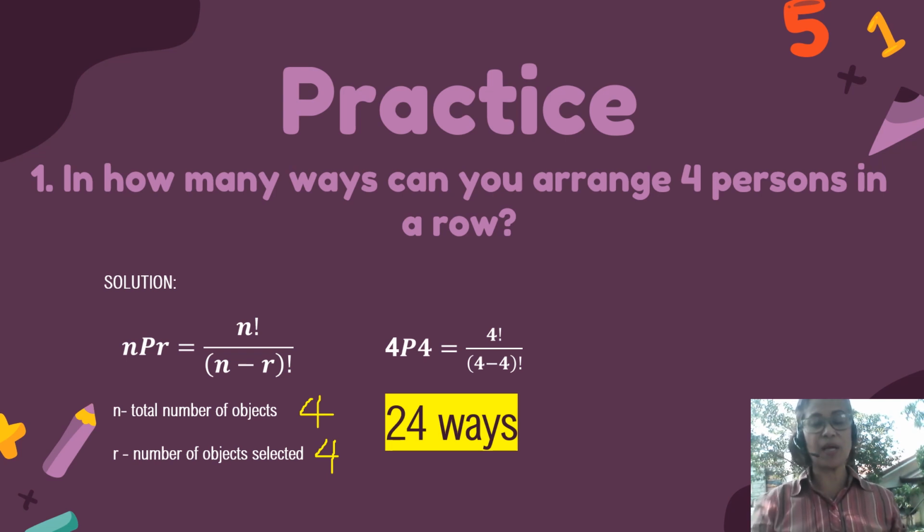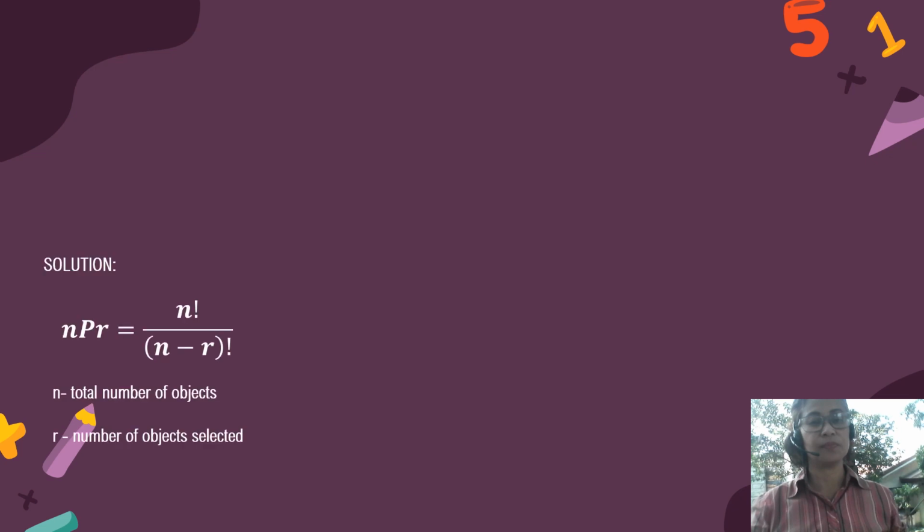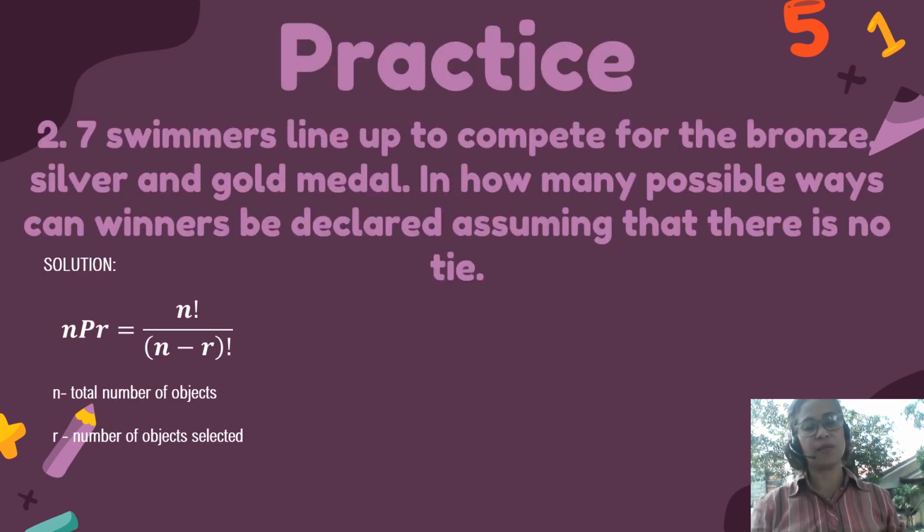Now let's level up with the second example. Okay, try this one. 7 swimmers line up to compete for the bronze, silver, and gold medal. In how many possible ways can winners be declared, assuming that there is no tie?